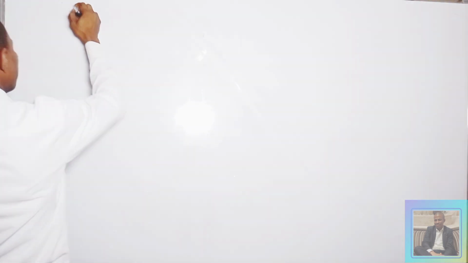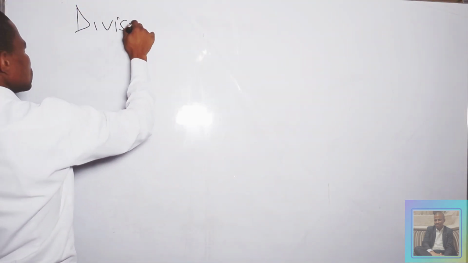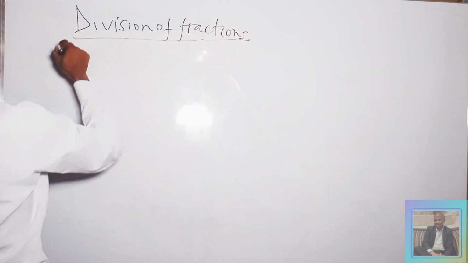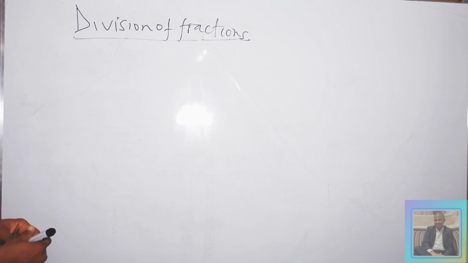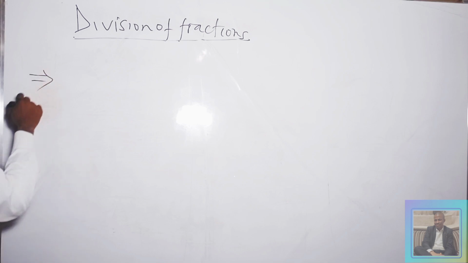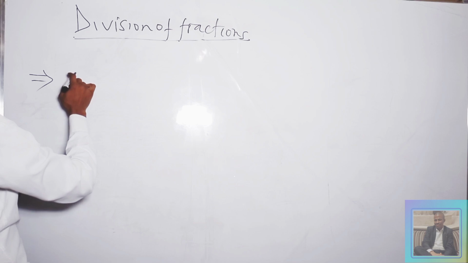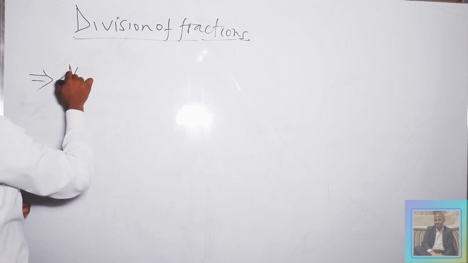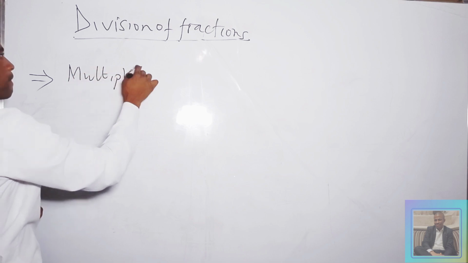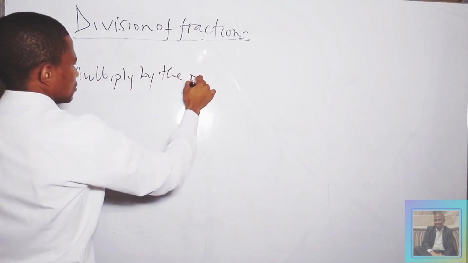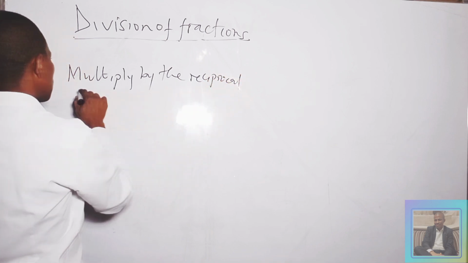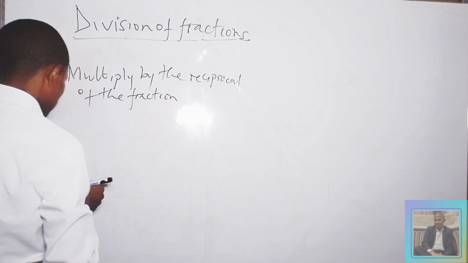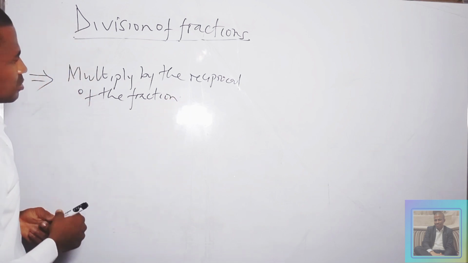Division of fractions, the rule here is that when we are dividing fractions, we multiply by the reciprocal of the fraction. We multiply by the reciprocal of the fraction we are dividing by.